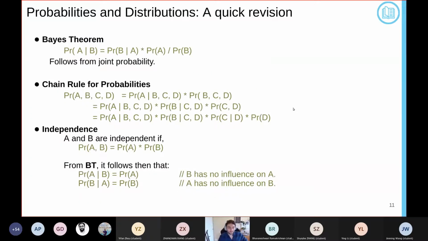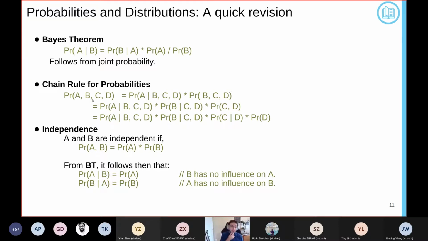Right. So here we have a few tools. Just a quick revision. We have Bayes theorem, which expresses the probability of something happening given something, and it can be expressed like this. You have a chain rule for probabilities when something happens and something happens and then something happens and then something happens. So there are 4 things happening, and this can be decomposed in this fashion.